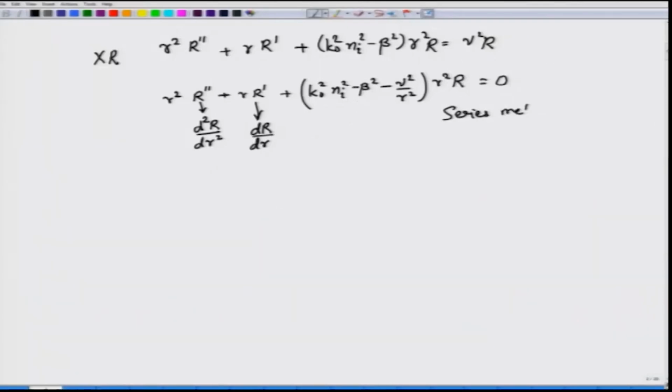Okay. Something that you must have studied in your engineering mathematics courses. So, I will not go into the details of this differential equation, but suffice to tell you that this differential equation is an example of Bessel ODE. ODE stands for ordinary differential equation.